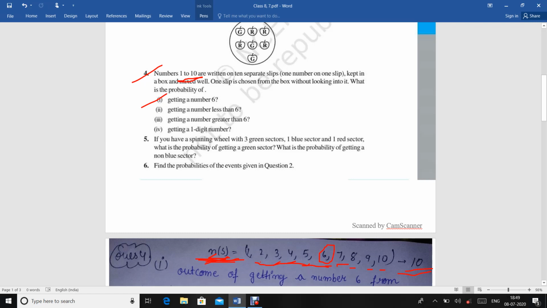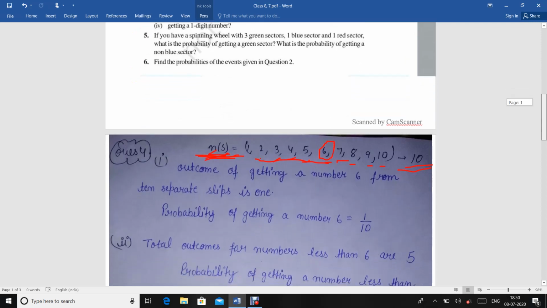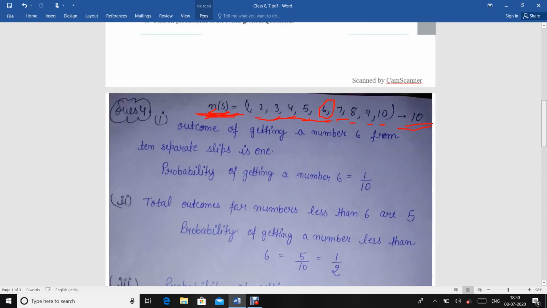If 6 is present only once, the number of events is equal to 1, and as you know the number of sample spaces is 10, means total outcomes are 10. So the probability of getting a number 6 is number of events upon total outcomes, means 1 upon 10. So the probability of getting a number 6 is 1 upon 10.